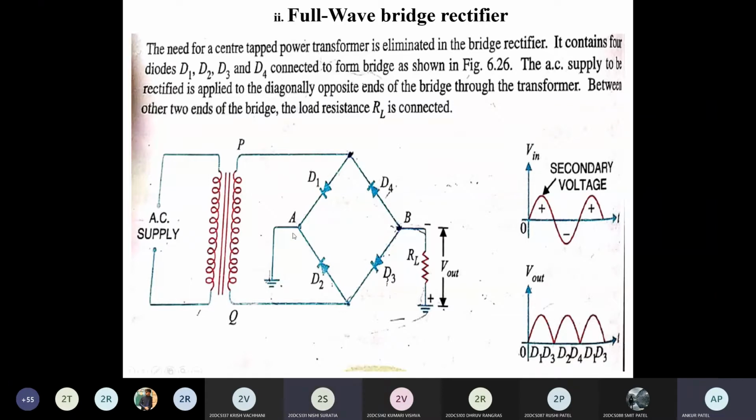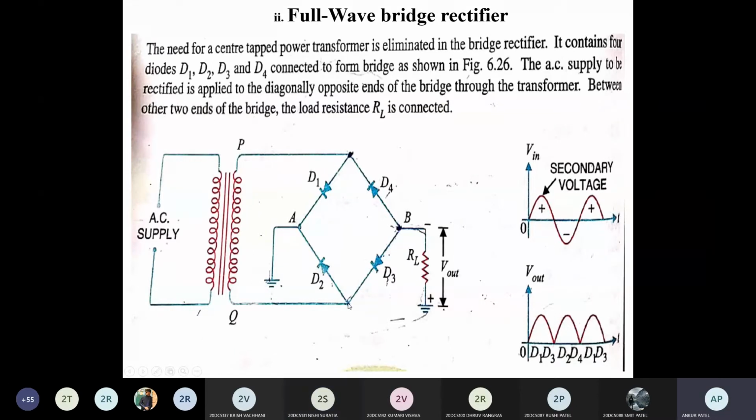The current will be earthed through point A, D1 to point A and this ground, which is common. Then from ground to RL, RL to point B, then it will follow through D3.